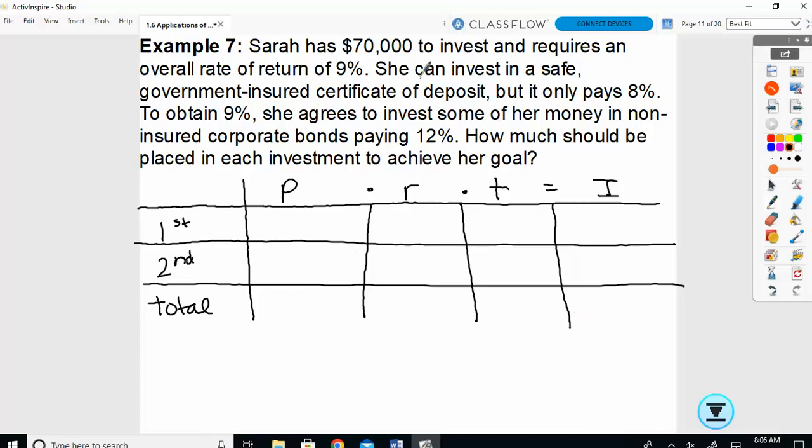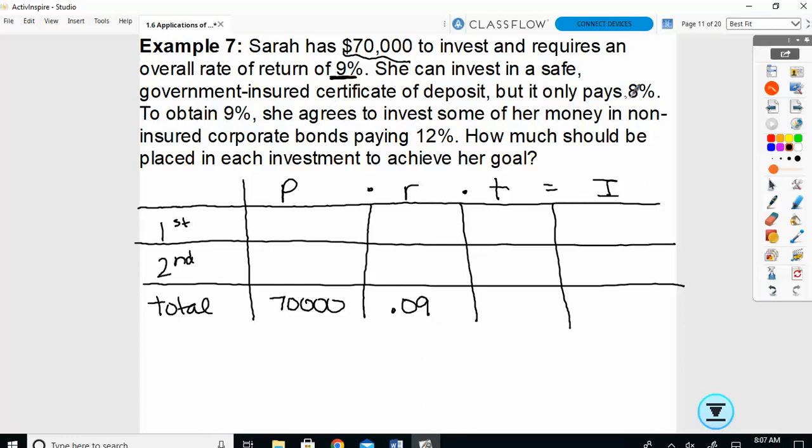All right. She has 70,000. Is that the amount she's putting in the first, the second, or is that her total? Total. Principal is like your starting amount. So my total starting amount is 70,000, my total principal. And she wants to get a rate of return of 9%. So that is the rate for my total, 0.09.